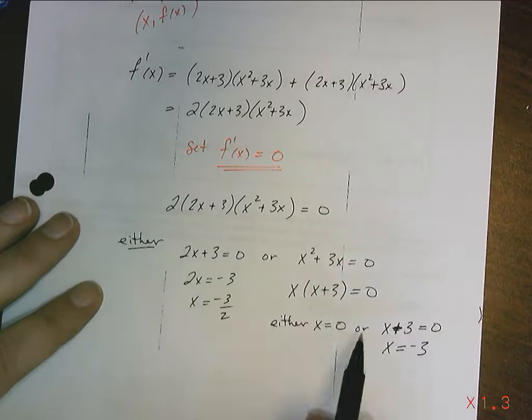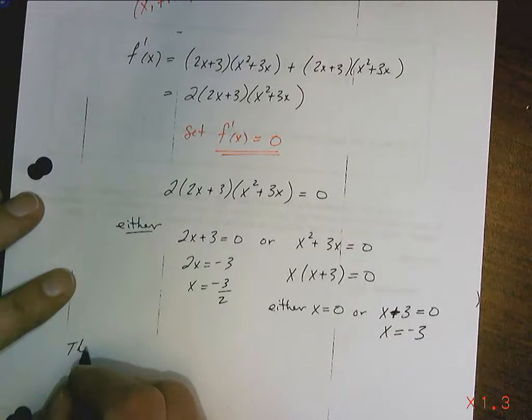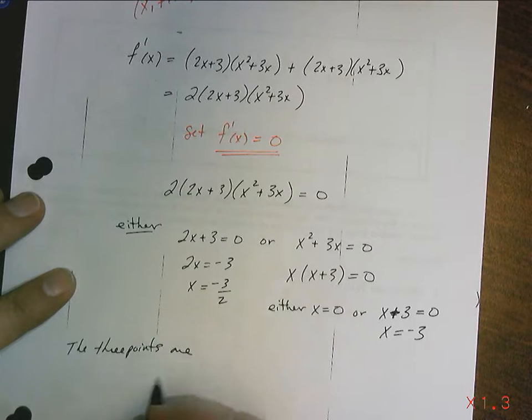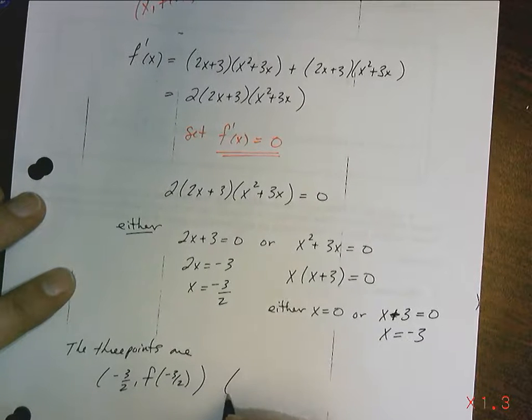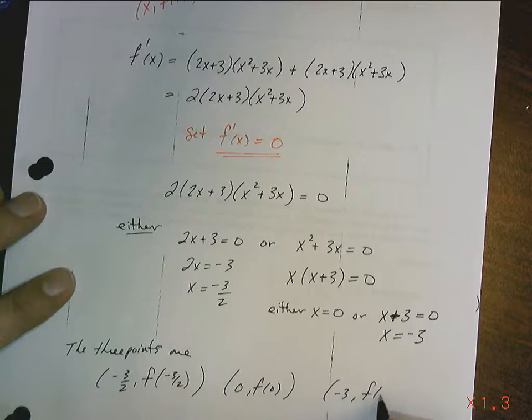So I have three x values that will give me the slope of the tangent being 0. So the 3 points are negative 3 over 2, f of negative 3 over 2; 0, comma, f of 0; and negative 3, comma, f of negative 3.